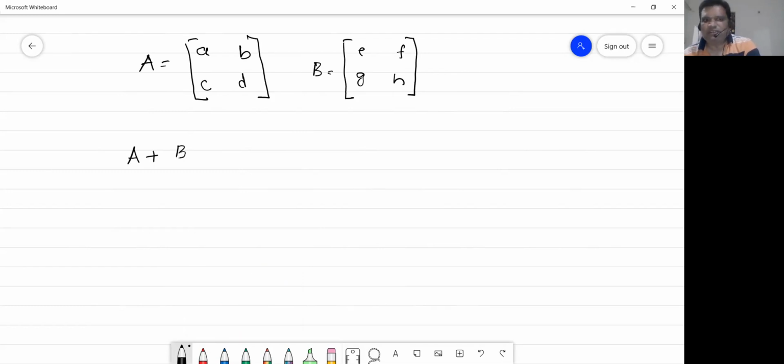I want to add these two matrices. How to add them? First element plus first element.